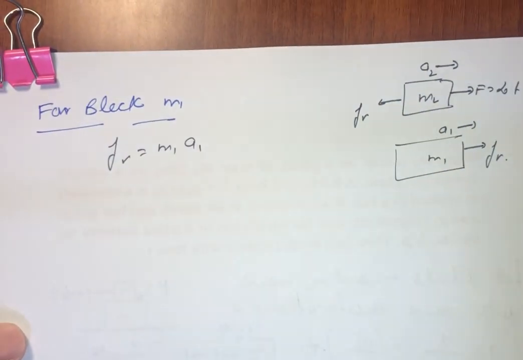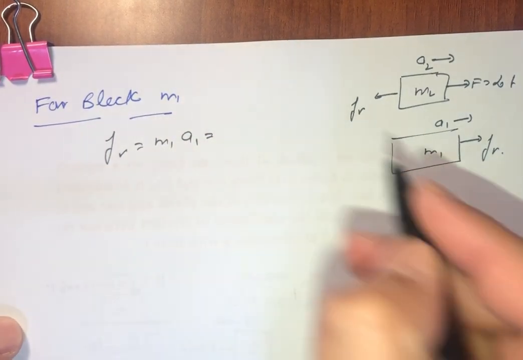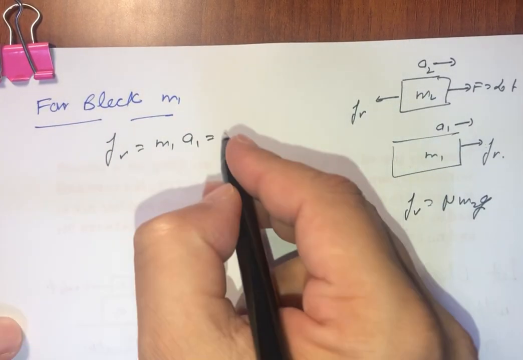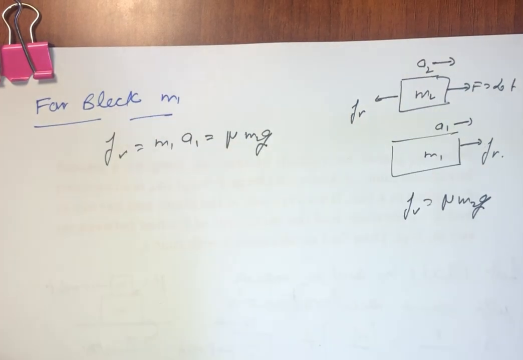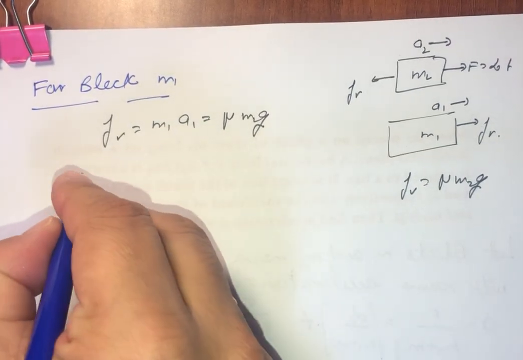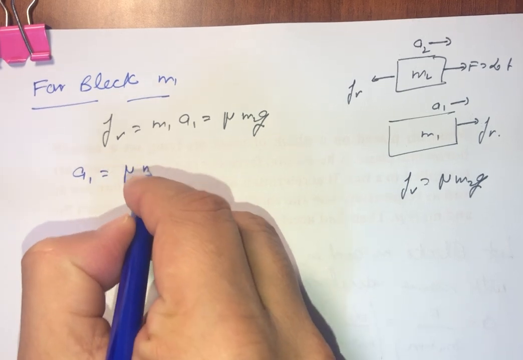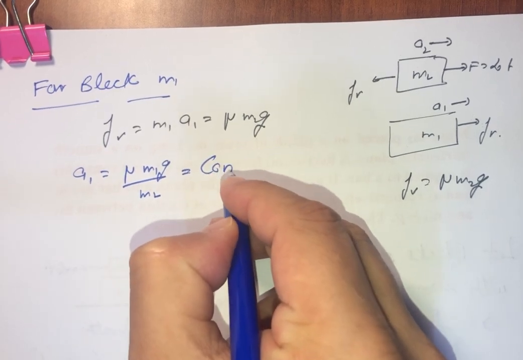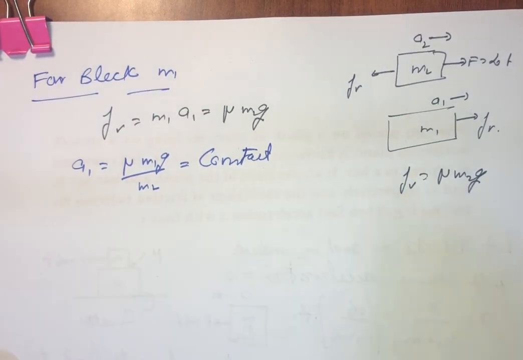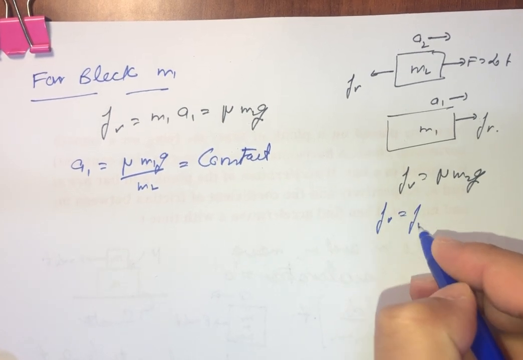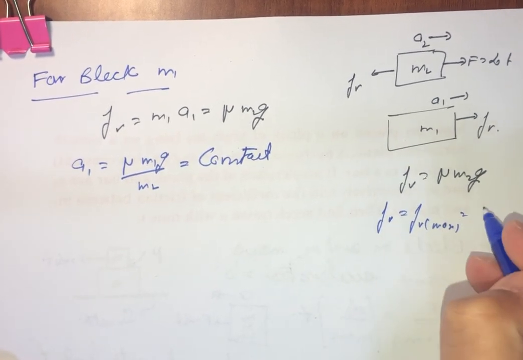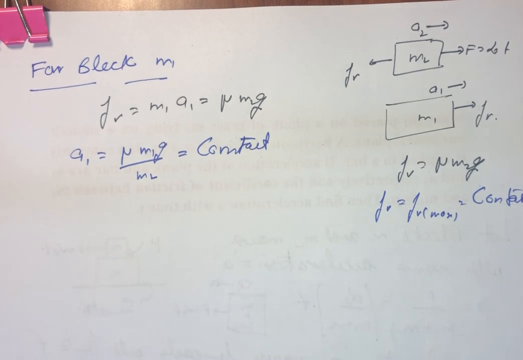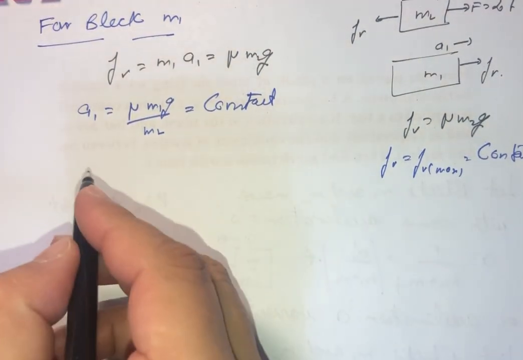So m1 a1 equals mu m2 g. From here we can say our acceleration a1 will be equal to mu m2 g divided by m1, and this value is nothing but constant. Because Fr is already equal to Fr max, the value of the friction now will be constant. So acceleration a1 will be constant.